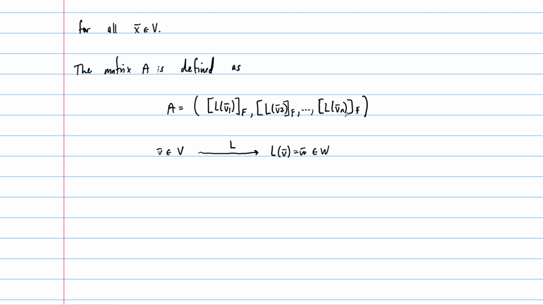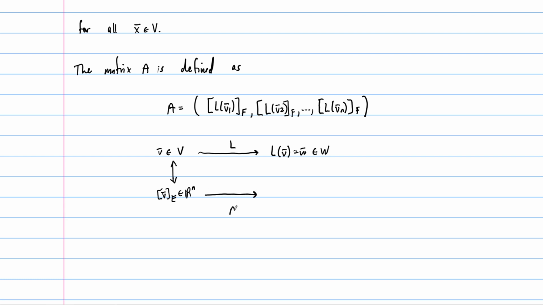Well, the first thing is we want to change our coordinates. We write our vector V in coordinates. So this is now living in Rn, right? The coordinate vector lives in Rn. The dimension of V is n.